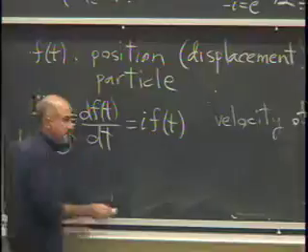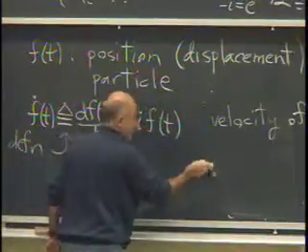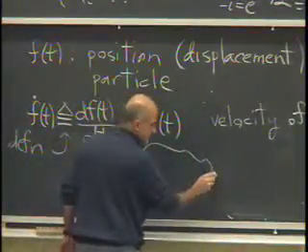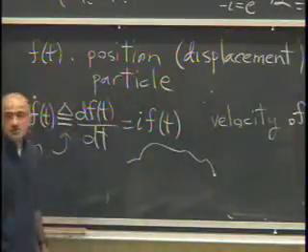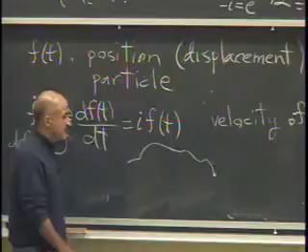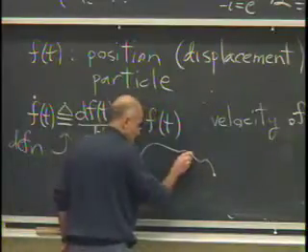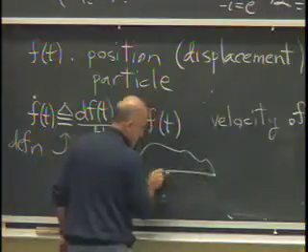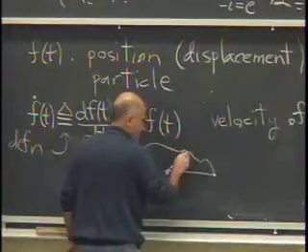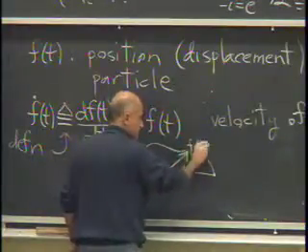So here we have a particle. Let's say in general, at time equals 0, it starts here. And then it carves out a trajectory for itself. So this is f of t at some point, and in our case, it started at 1. At some arbitrary point in time, its position is f of t.